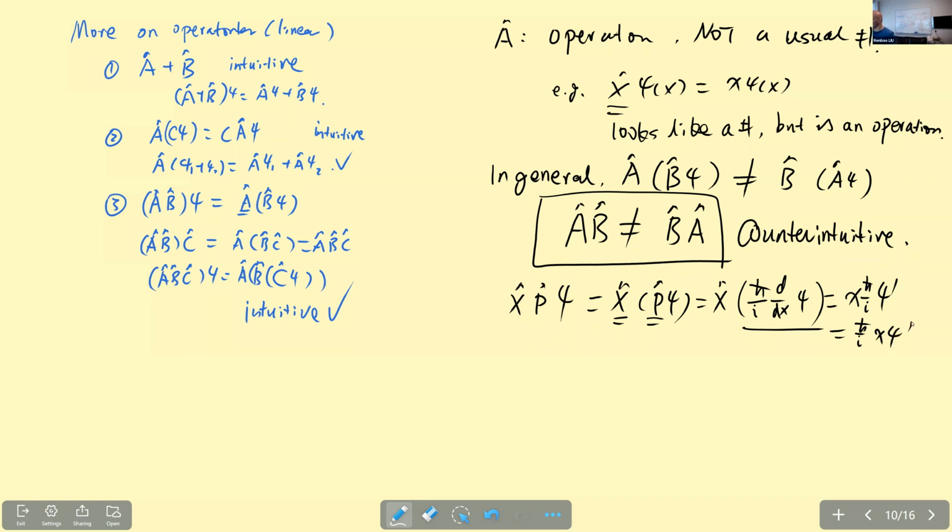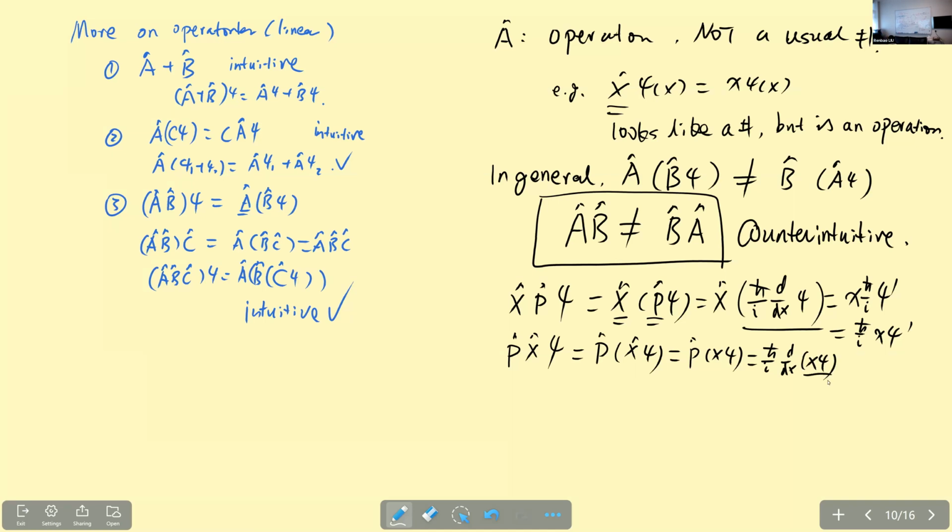Let's check another thing. Let's exchange the order and see what will happen. Again, you act with x first. That equals p acting on x times psi. So that equals h bar over i d over dx of x psi.